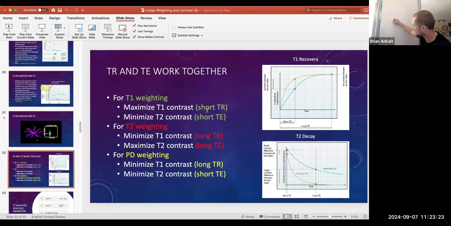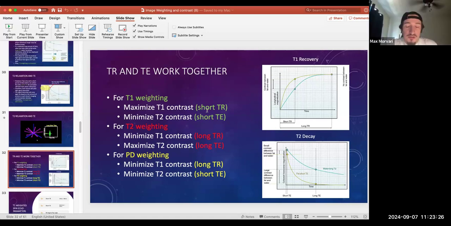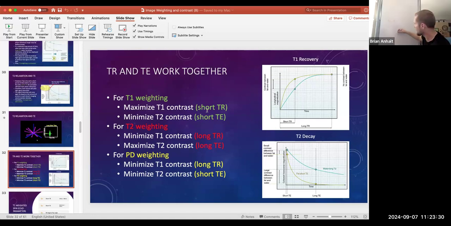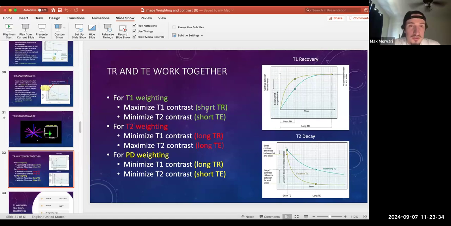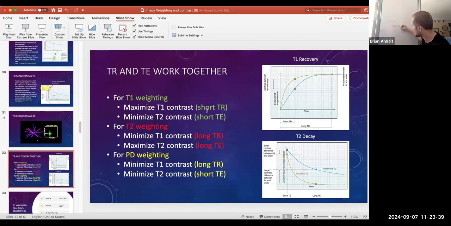T1 contrast. Nope. I mean, T2 contrast. Yeah. So what does having a short TE do for us? It increases the T2 contrast. Short TE decreases T2 contrast. And that's what we want to see in a T1 weighted image. We don't want to see T2 information.